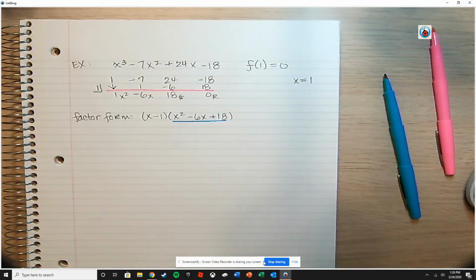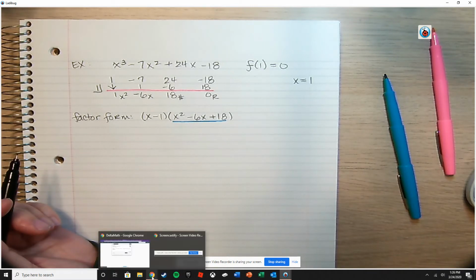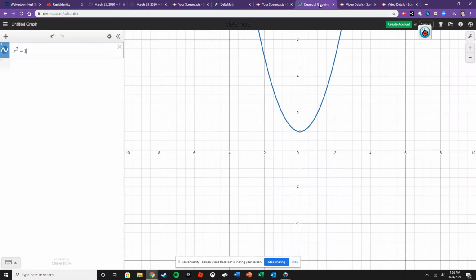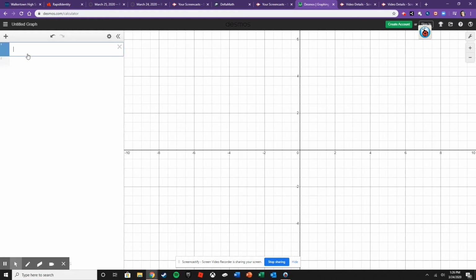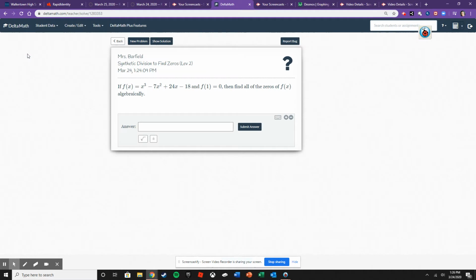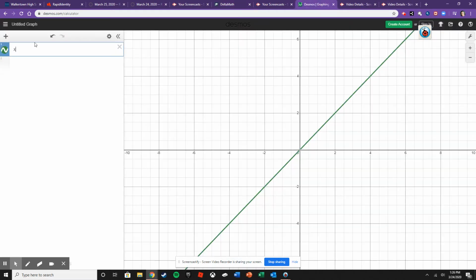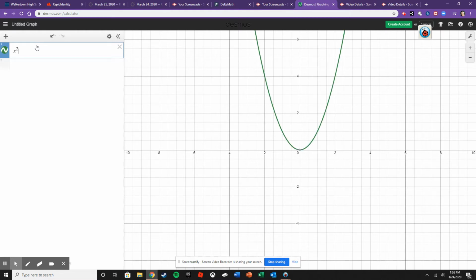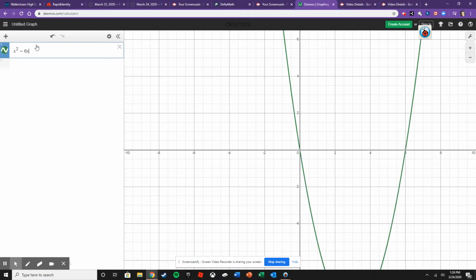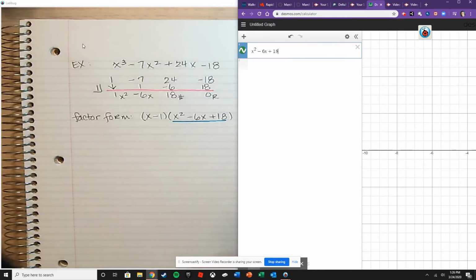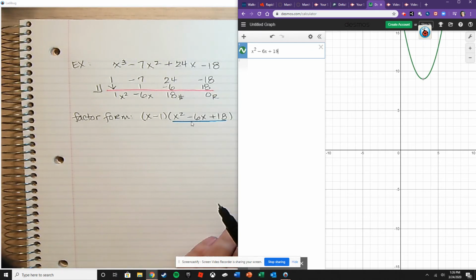Okay? All right, now I need to take my new polynomial and I need to either factor it or I have to use the quadratic formula. And so here's where I'm going to go over to Desmos. All right, and I'm going to type in that new polynomial of x squared minus 6x plus 18. I don't know why it switched over to Delta Math. All right, so you can see here, there's that polynomial.